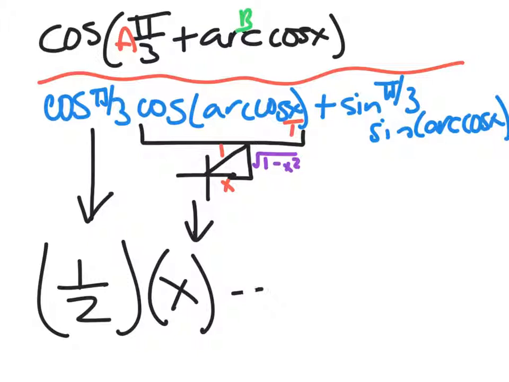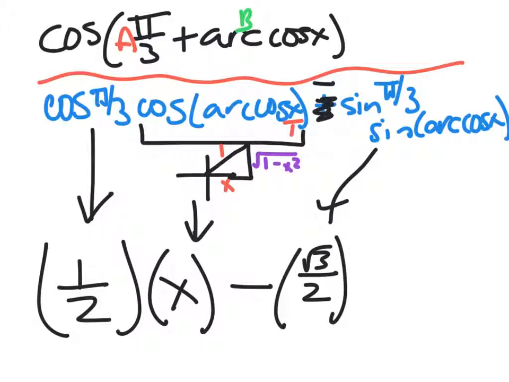Except we need to make this minus, not plus. So let me fix that up here. That's a minus. And then sine at pi over 3 is square root of 3 over 2. And then arc cosine, these two insides are the same. So we're going to use the same triangle over here.